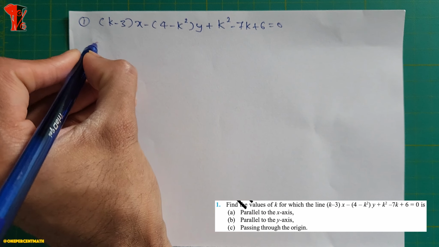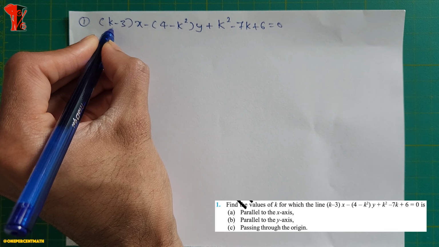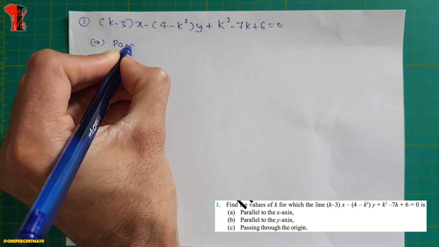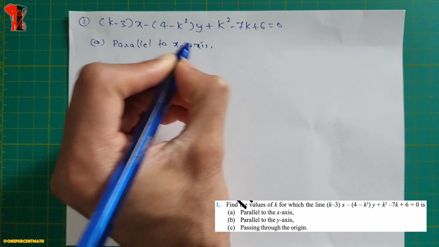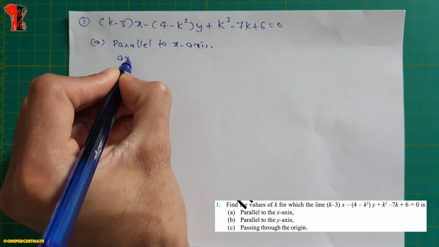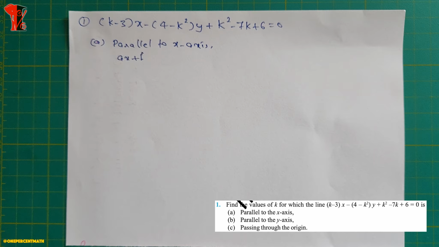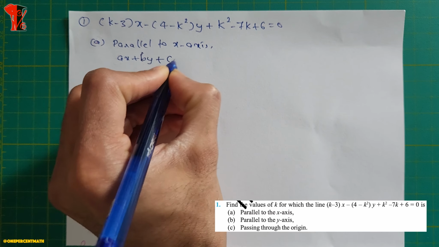So the first question says that you have to find the value of k where this line is parallel to the x-axis. When you say the line, imagine the line ax plus by plus c is equal to 0.